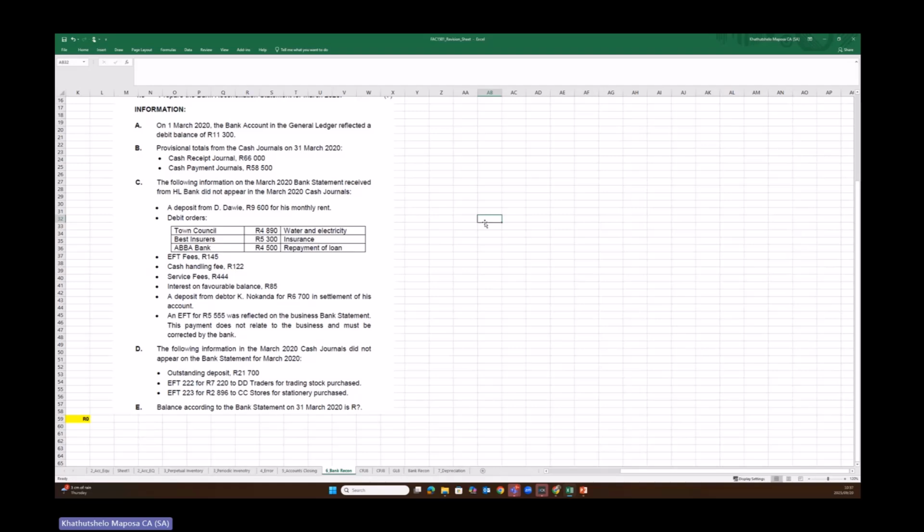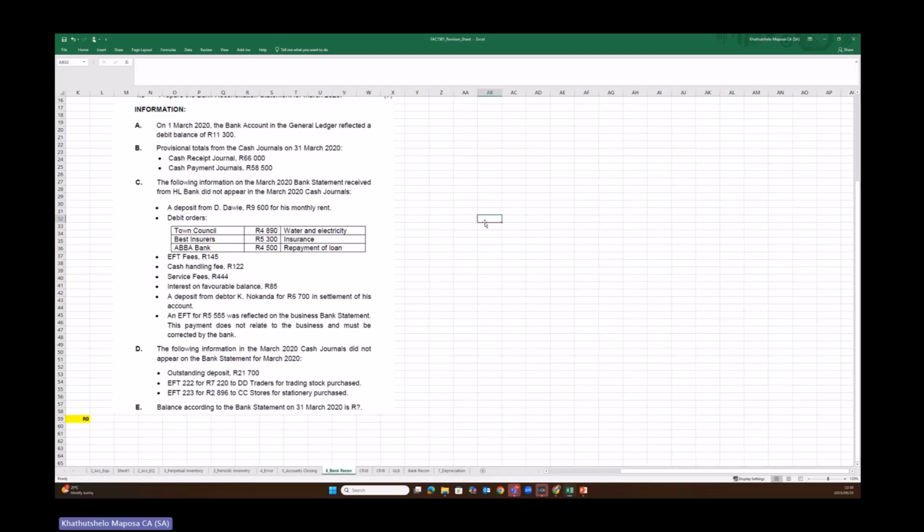But the general ledger will be almost mimicking what you have on your cash receipts journal and cash payment journal. And what you do is compare or reconcile. When we say reconciling, it basically means comparing. We are comparing the bank statement from the bank with the cash receipts journal and the cash payment journal.